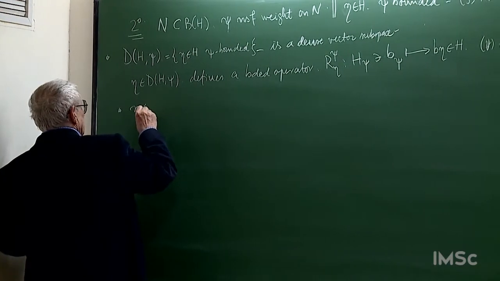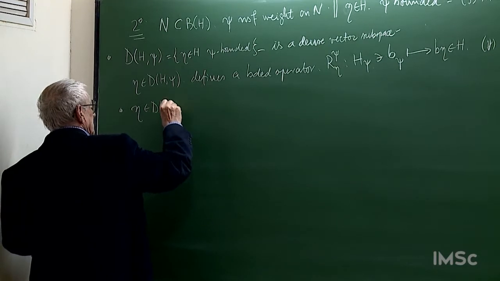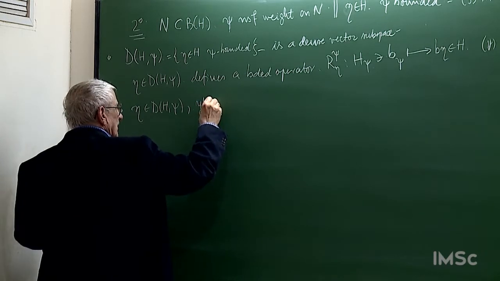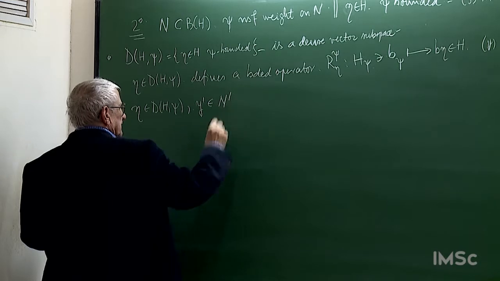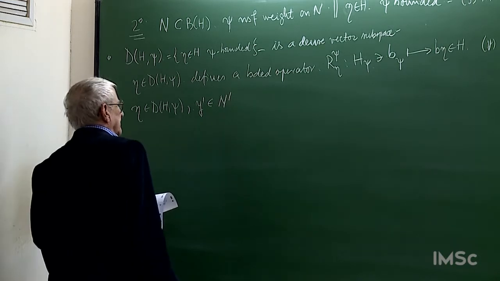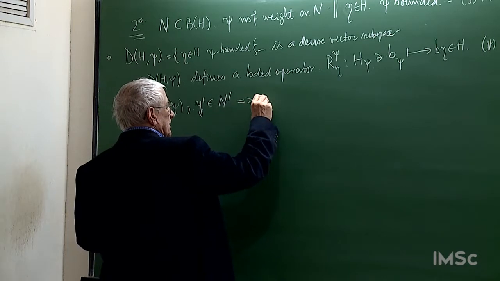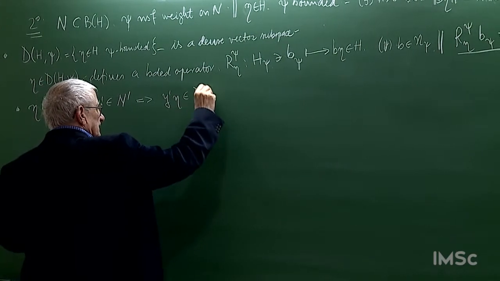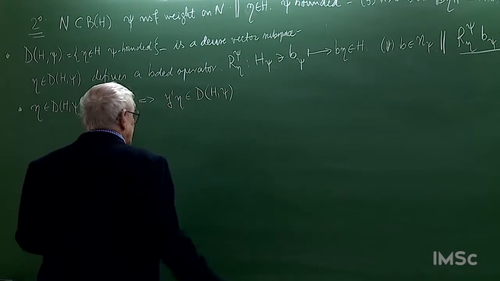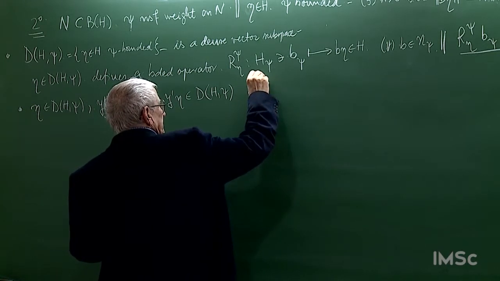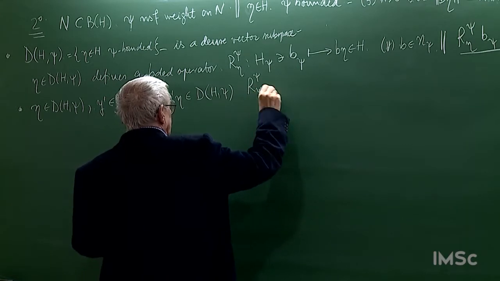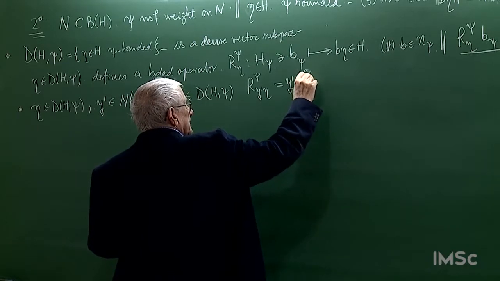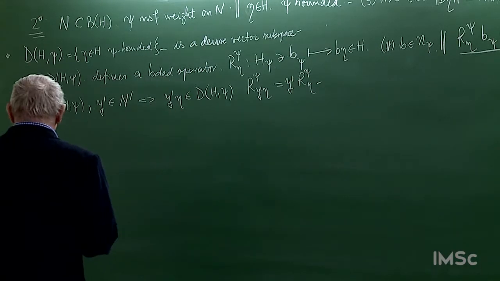If you have an eta psi-bounded, and an operator y' in N', the commutant of N, then you get that y' eta is still in D(H,psi), and R^psi(y' eta) is equal to y' R^psi(eta). This is one thing.